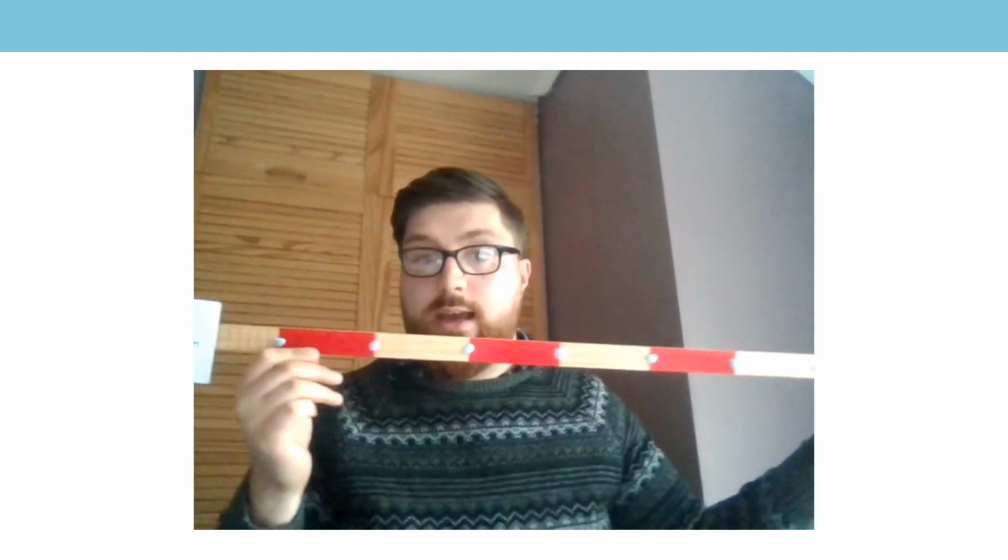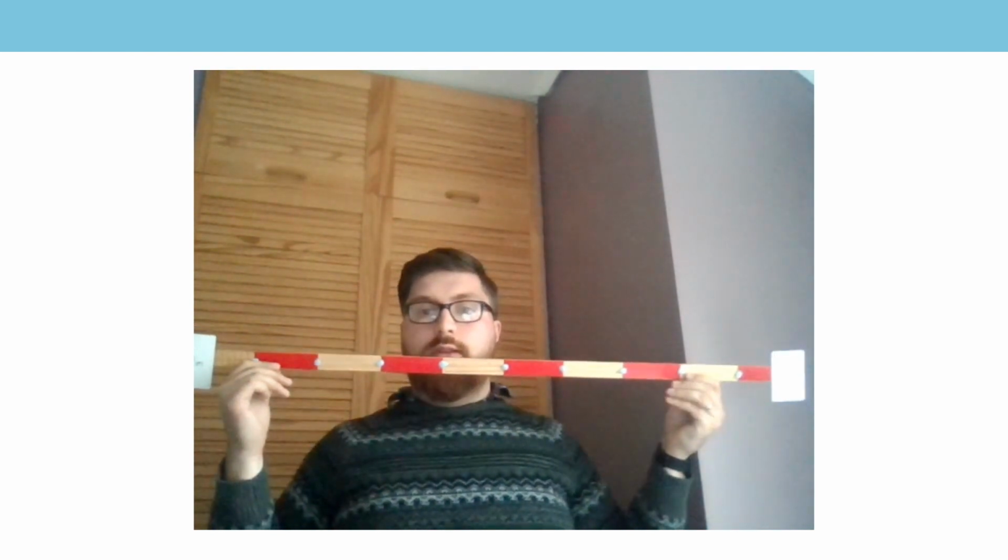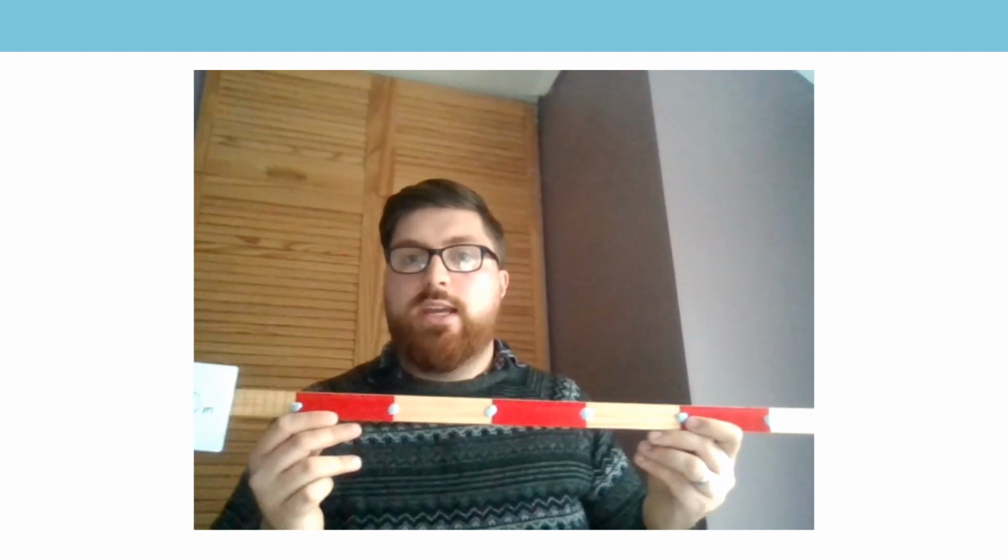How many equal parts has my meter stick been divided into? I can't quite fit it all into this screen. I wonder if I move back. Can you see all of those equal intervals? Those equal parts? How many? That's right, 10. So what is the value of each interval? Have a look and pause the video if you need to.